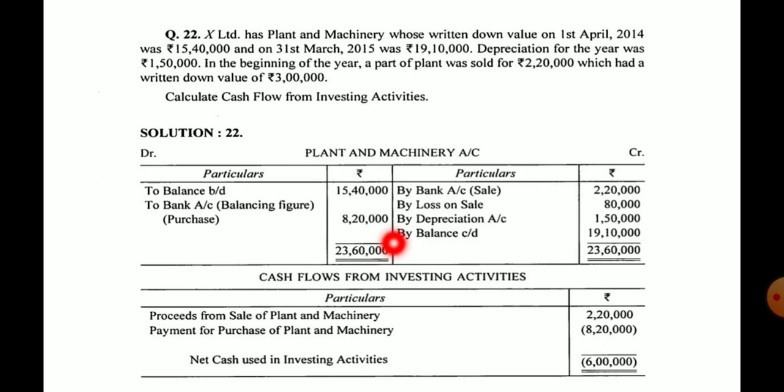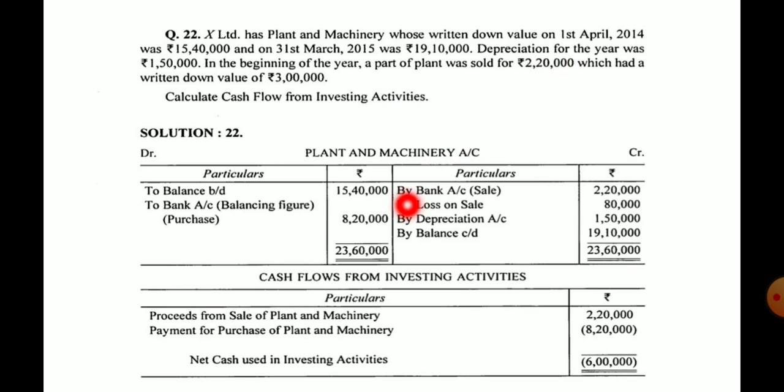So you have to prepare the plant and machinery account. Balance b/d will be 15,40,000. Here you have to check the sales value, 2,20,000, as a part of plant was sold.